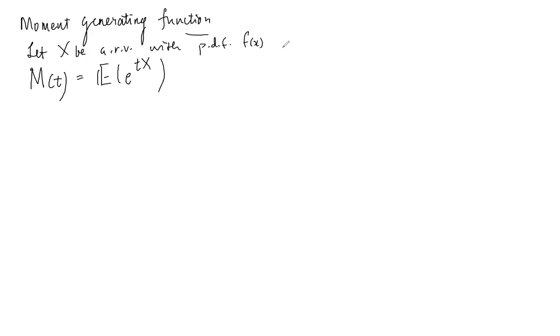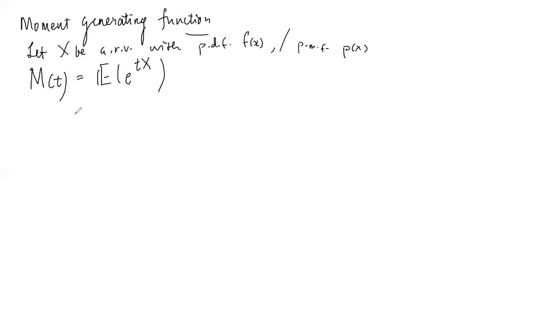Okay, so just to refresh you, you define a moment generating function as follows, right? Let x be a random variable that can have PDF f_x or probability mass function p_x.